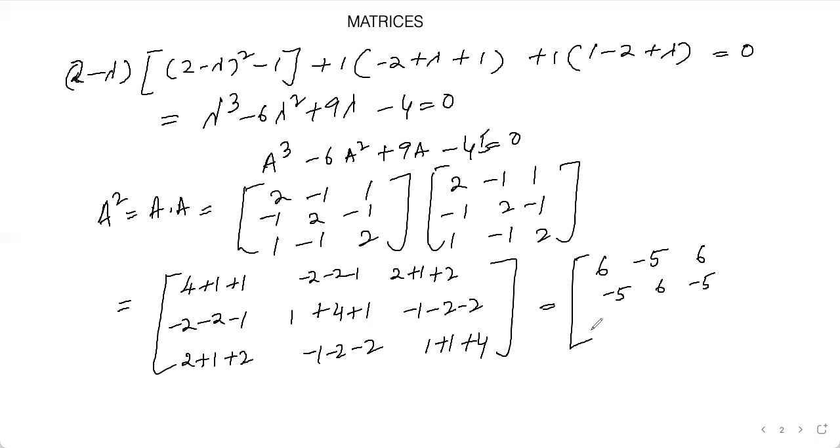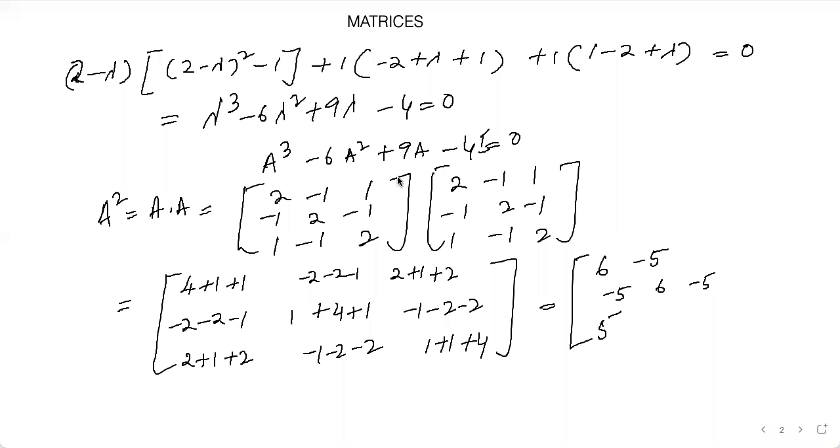And 2 plus 1 plus 2, so this is 5. Minus 5, and then 6, 6.